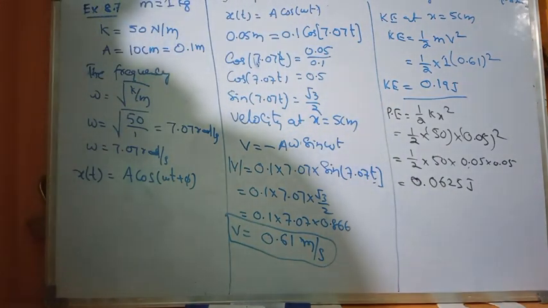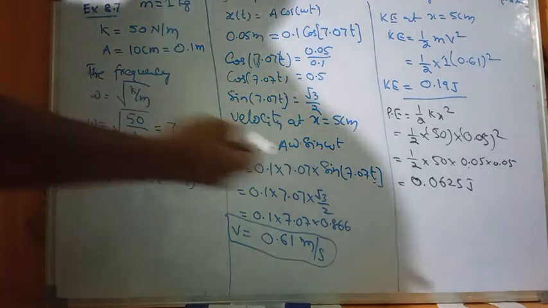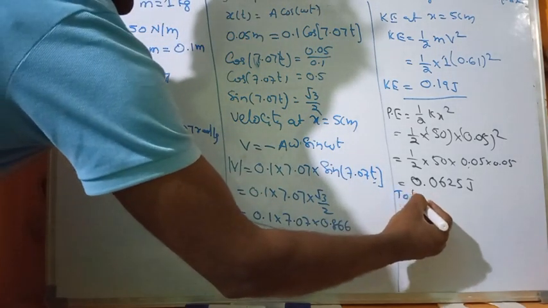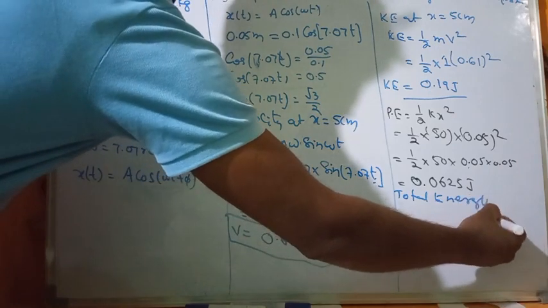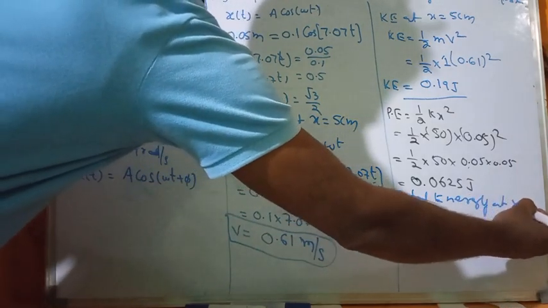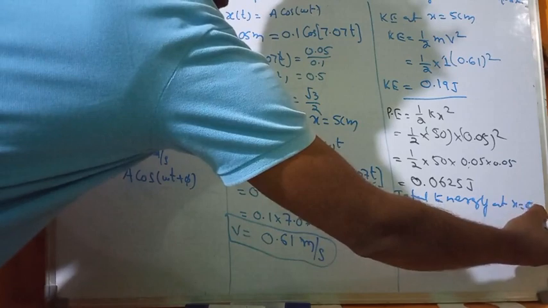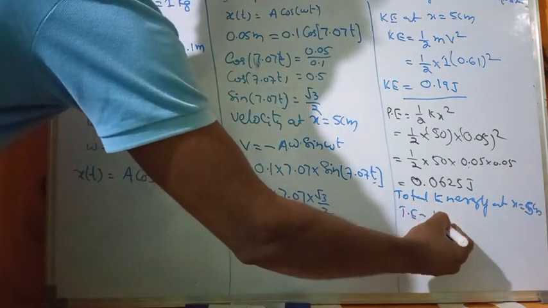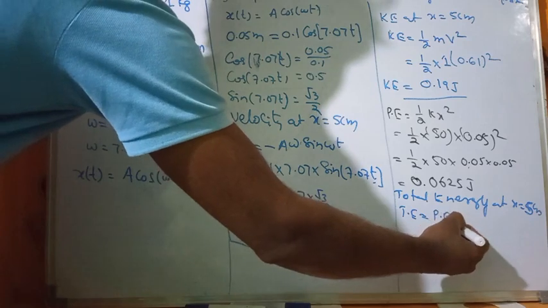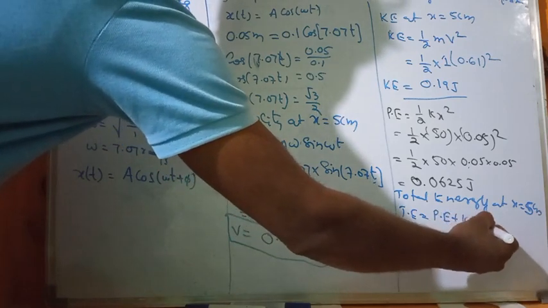Then the total energy at x equal to 5 centimeters. Total energy is equal to potential energy plus kinetic energy.